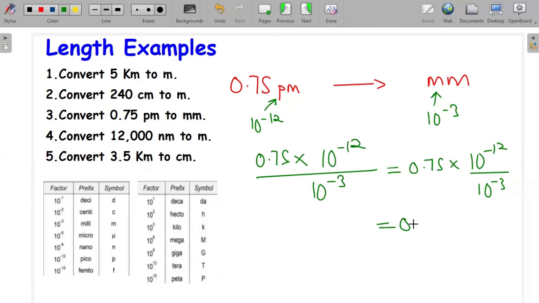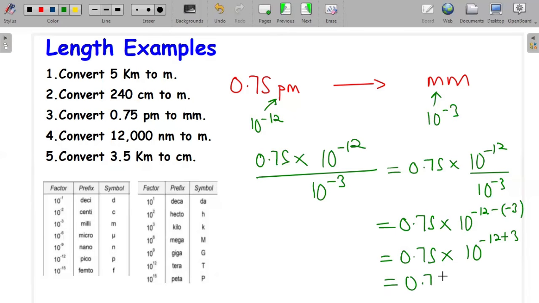So this will be 0.75 times 10 to the power minus 12 minus 3, which is minus 12 plus 3 with the sign, so we have 0.75 times 10 to the power minus 9. And this answer will simply be in millimeters. So that's how we convert 0.75 picometers to millimeters.